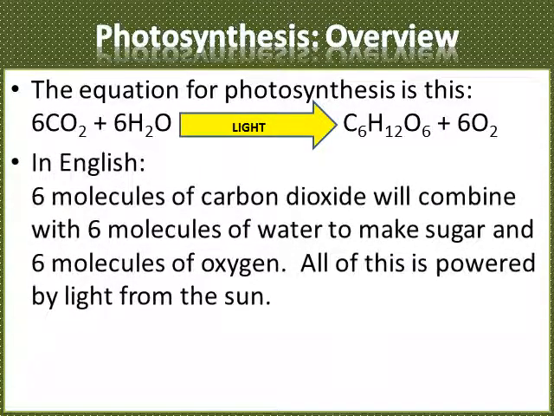So here in plain English, 6 molecules of carbon dioxide, which is the stuff that we breathe out, right, CO2, is going to combine with 6 molecules of water, 6H2O, to make sugar, C6H12O6, remember we talked about this before, and 6 molecules of oxygen. All of this is going to be powered by sunlight. Sunlight is what's going to give all of the energy in order to power photosynthesis so that plants can make sugars.